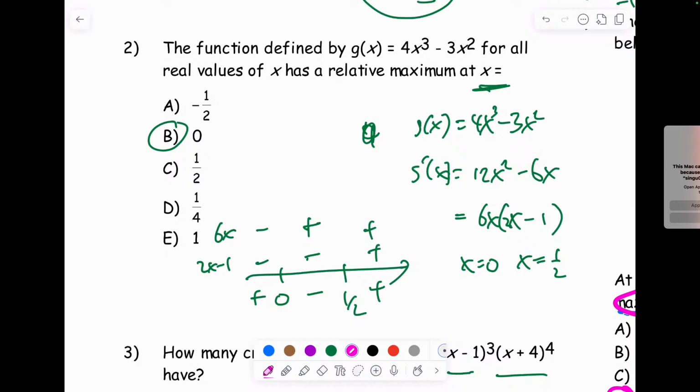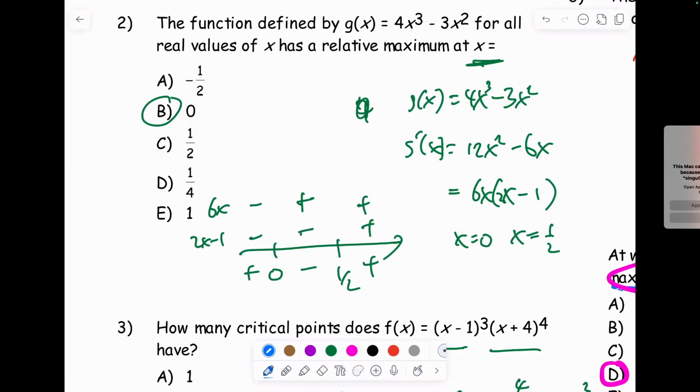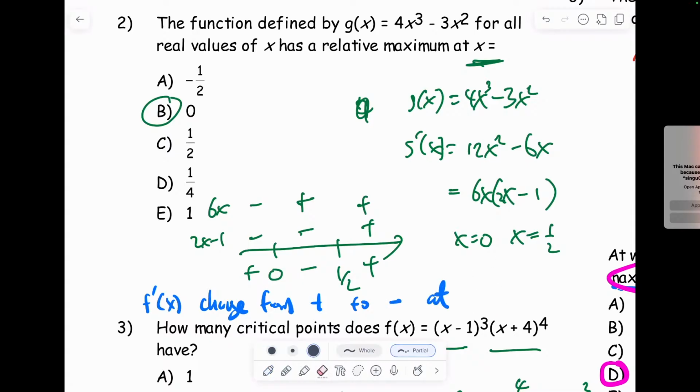How do I justify? Not a chart. It's nothing to do with a chart. How do we justify? No. F prime of x goes from positive to negative at c, which is at x equal to 0.